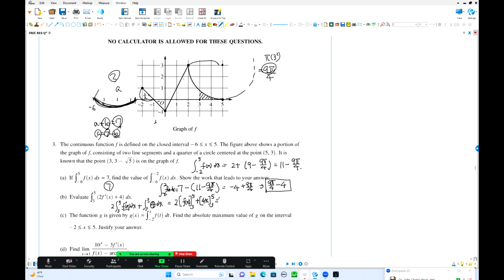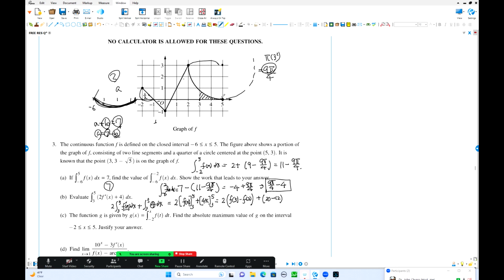All right, you calculate this one. 2 times f of 5 minus f of 3. The second one is 4 times 5, which is 20, minus 4 times 3, which is 12. That is 8.